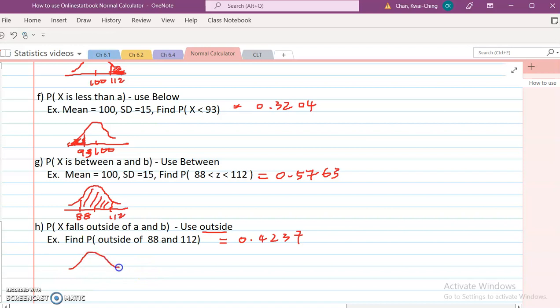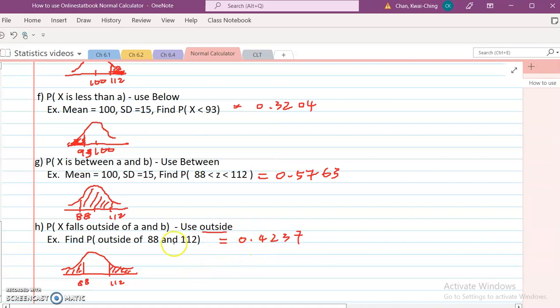In the graph, you can make sure it is right, 88 on this side and 112 on that side. Now, they don't give the two areas separately, so you do not know what probability is on each side. If you want that, you will have to do a less than for this side and a greater than for the other side. But if you want just outside, they add them together.